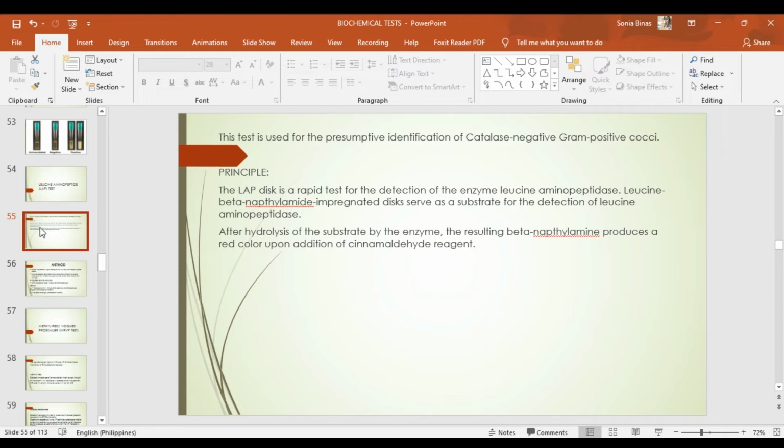Leucine beta-naphthylamide impregnated discs serve as a substrate for the detection of leucine aminopeptidase. After hydrolysis of the substrate by the enzyme, the resulting beta-naphthylamine produces a red color upon addition of cinnamaldehyde reagent.